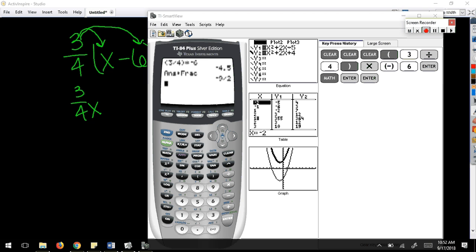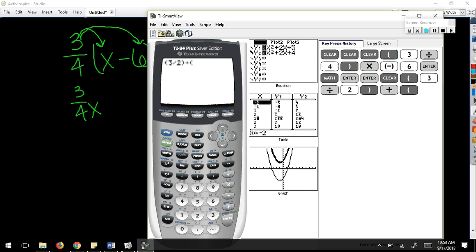All right, everybody right now, 3 over 2 plus 2 over 5. On your calculator, I want the answer as a fraction, an improper fraction if you need to. I got 1.9, but I want it as a fraction.